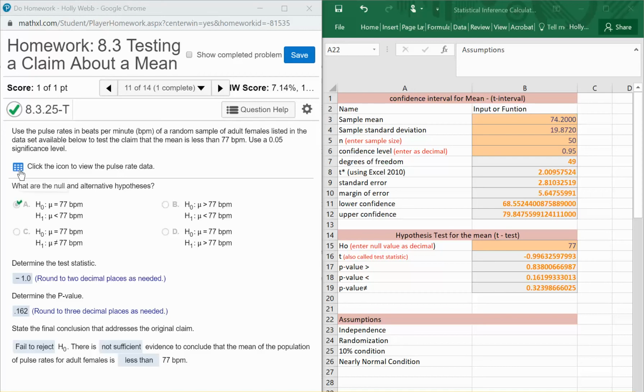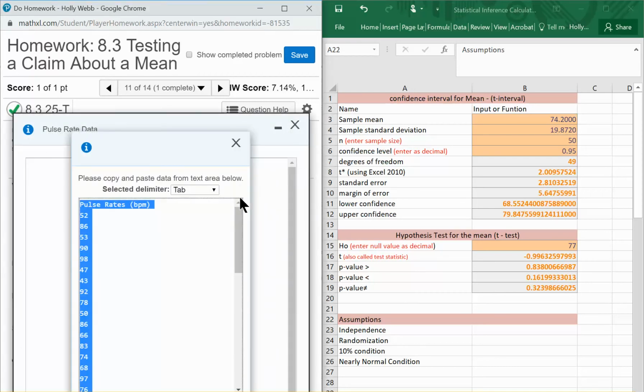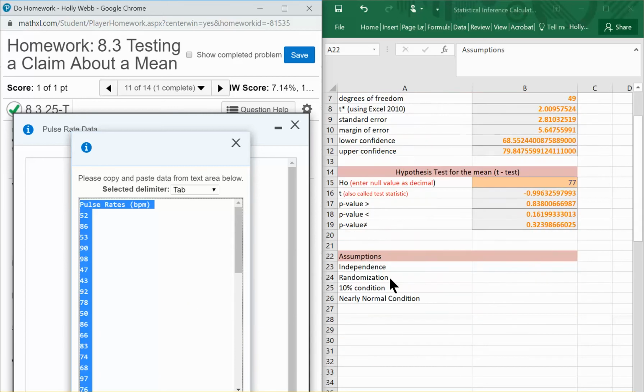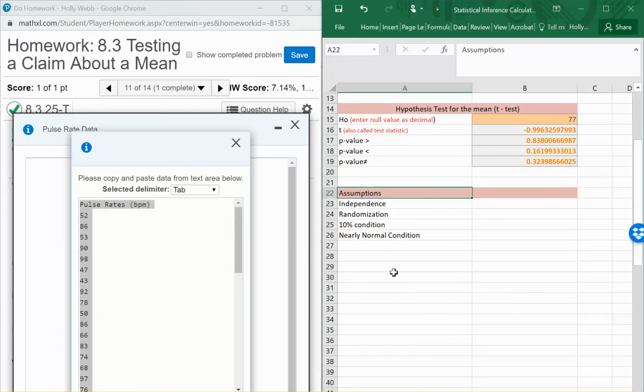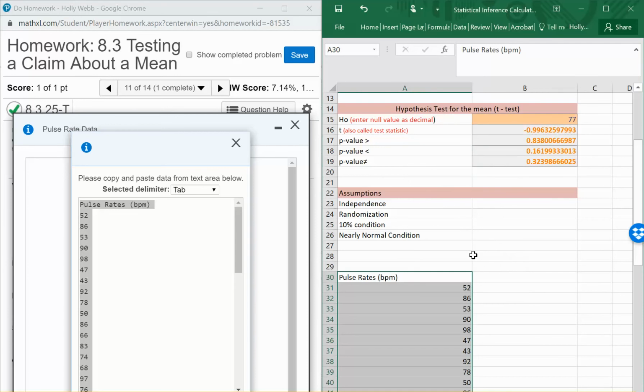Well, we're going to go here and we're going to copy to clipboard. Copy. And I'm just going to paste it down here below in my hypothesis test calculator page. Okay, so here's my data set.